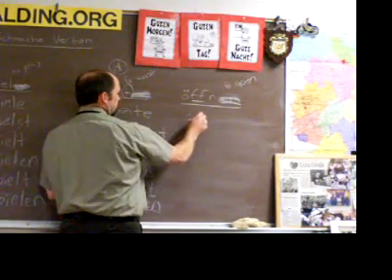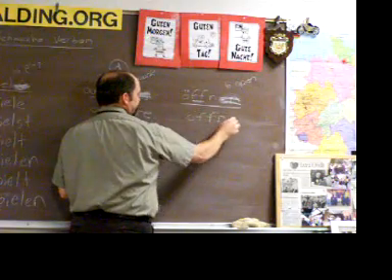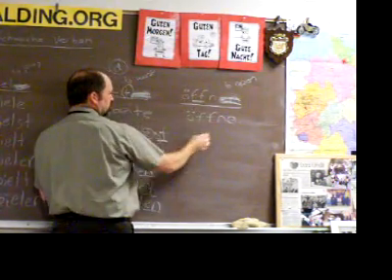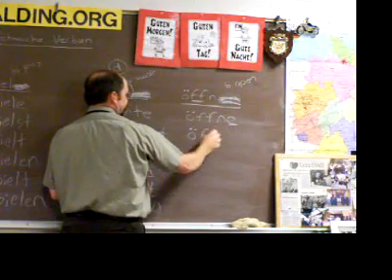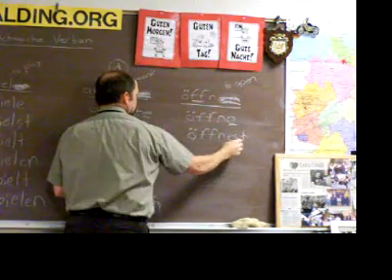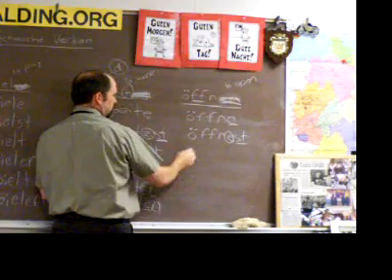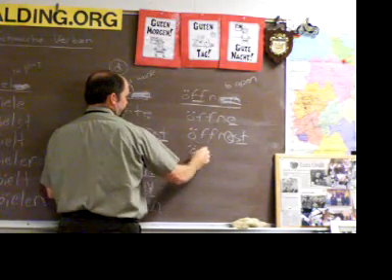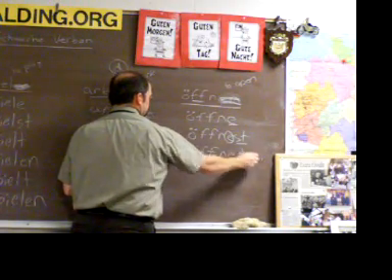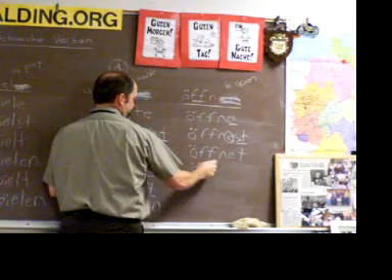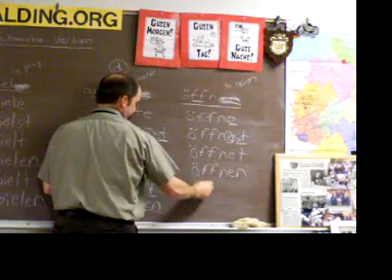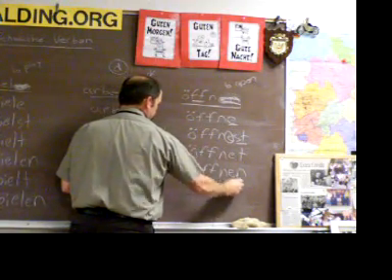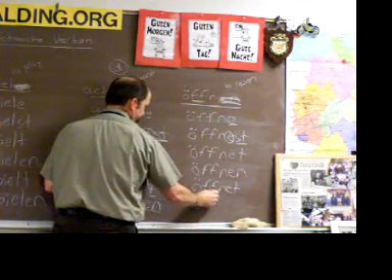For example, ich öffne. That's pretty regular. We're just adding the e. Du öffnest. Here we had to have that extra e. Er öffnet. Wir öffnen. Ihr öffnet. Und Sie öffnen.